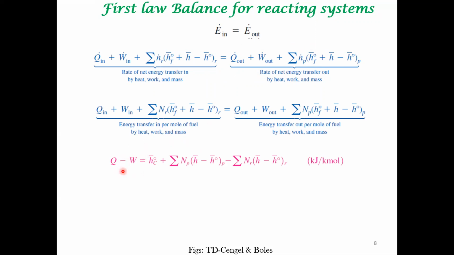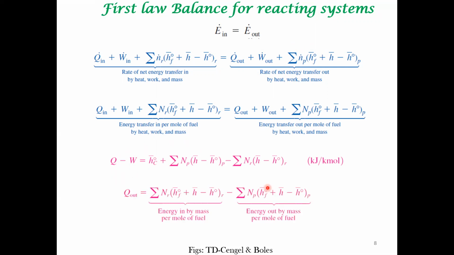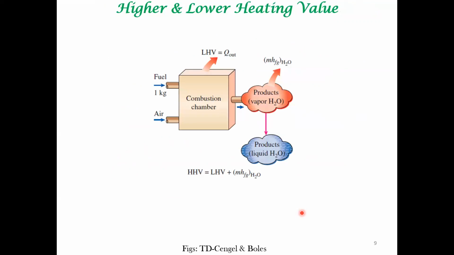And now we have implemented the sign convention, the typical sign convention that you use for heat transfer and work transfer. So this is the standard energy balance, which you've seen in many of your previous lectures. And then there are different ways of specifying per unit mole, per unit mass, and so on. These are not conceptually complex. I'm not going to elaborate, just work out some problems to get a better understanding of this point.